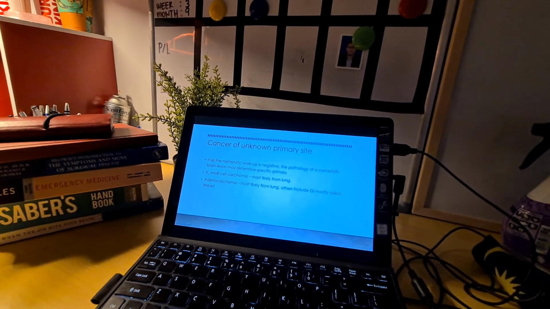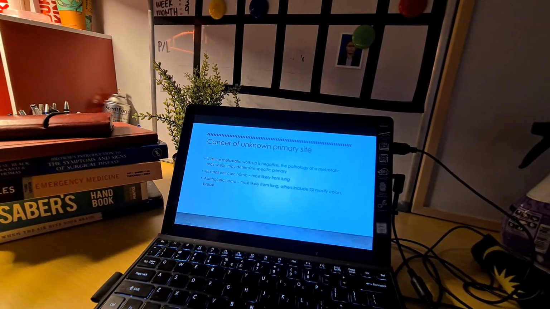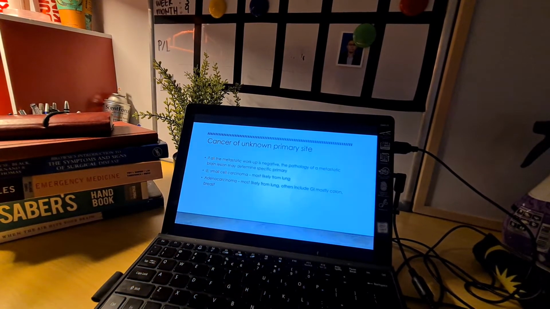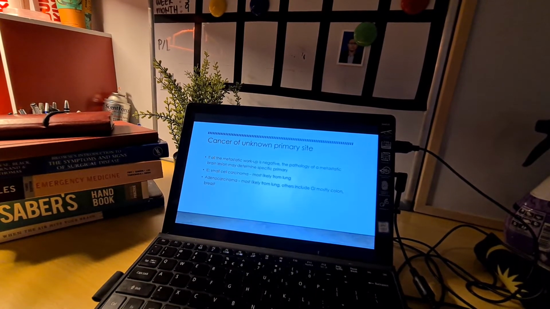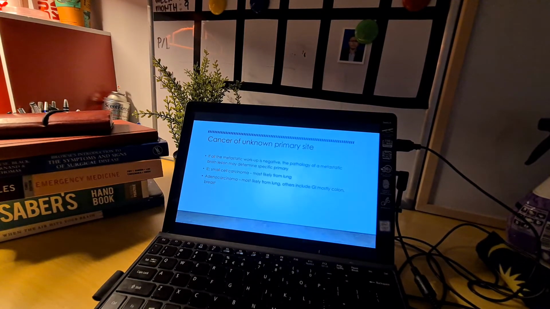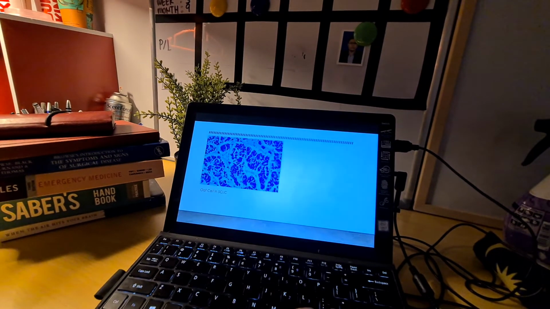So cancer of unknown primary site: if all the metastatic workup is negative, the pathology of a metastatic brain lesion may determine the specific primary. Okay, like small cell carcinoma, most likely from the lung, and adenocarcinoma most likely from the lung and GI, colon, and breast adenocarcinoma. Okay.